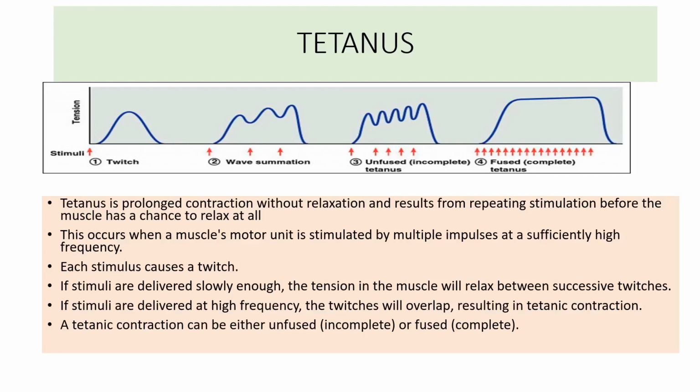If the stimulus comes before the relaxation phase is completed, the muscle again becomes contracted. And if we give a huge number of stimuli one after another, then tetanus will be formed.